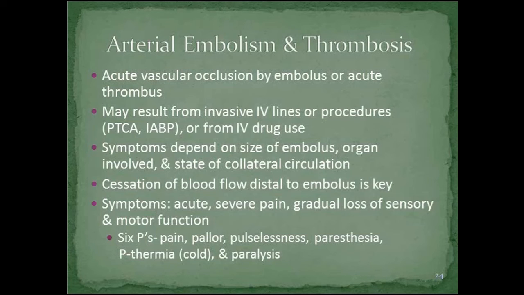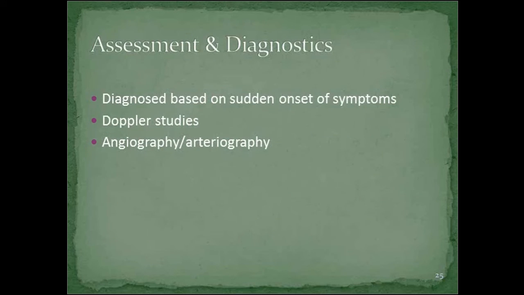So when you're assessing your patient in their extremity, you're looking for pain. What color is the skin? Do they have good capillary fill? Do they have good blanching, or is it pale? Do they have pallor? What is the quality of the pulse? Do they have any paresthesia, which is numbness, tingling? Is the extremity cold or warm? And do they have any paralysis developing? Okay, so the 6 P's of circulation are the vital things to assess for.